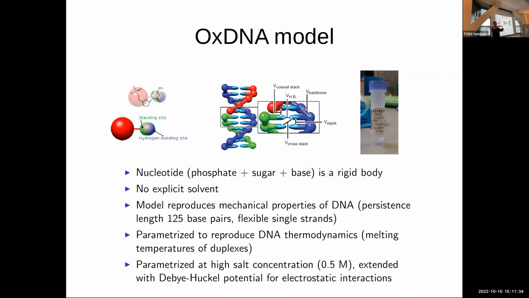Now, the equilibrium distance at which the two bases like to stack above each other is shorter than the distance at which they want to have their backbones. So I cannot stack and have my backbone like this because the stacking wants to be closer. But if I would bend like this, I would not satisfy the coplanar requirement. So the way to satisfy both stacking and backbone distances is to twist the molecule.